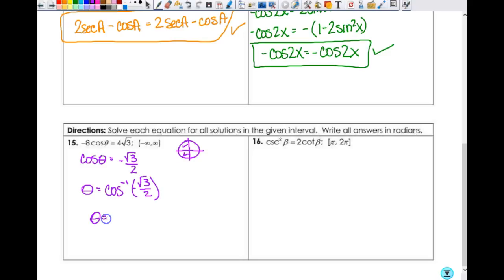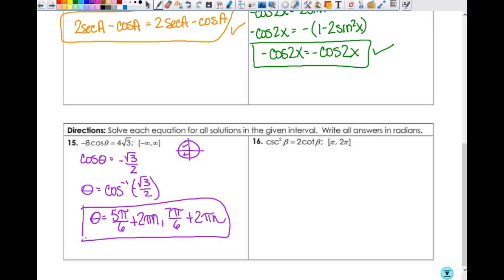So theta is equal to, well, cosine inverse of square root of 3 over 2 is going to be pi over 6, but I want my second quadrant pi over 6 answer, which is going to be 5 pi over 6 plus 2 pi n. And then for the third quadrant, that would be 7 pi over 6 plus 2 pi n. There are my answers.